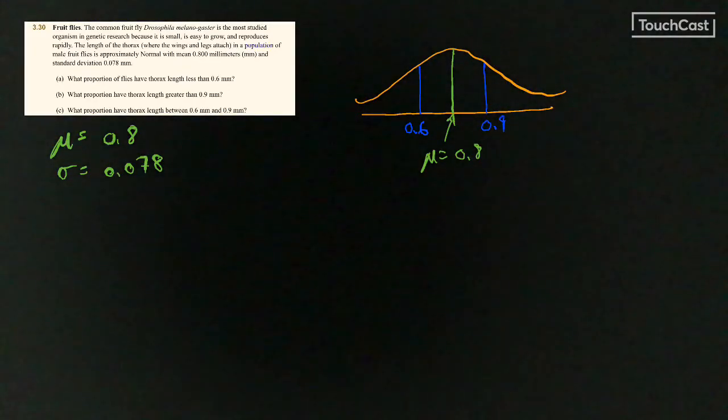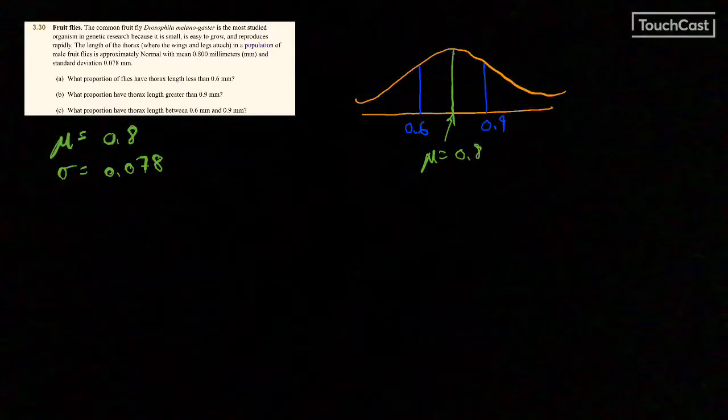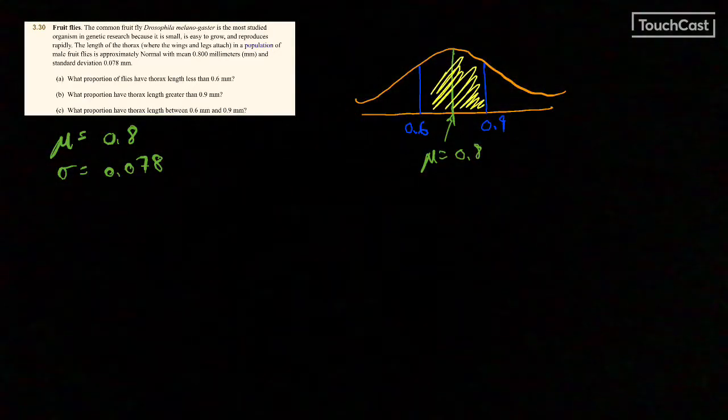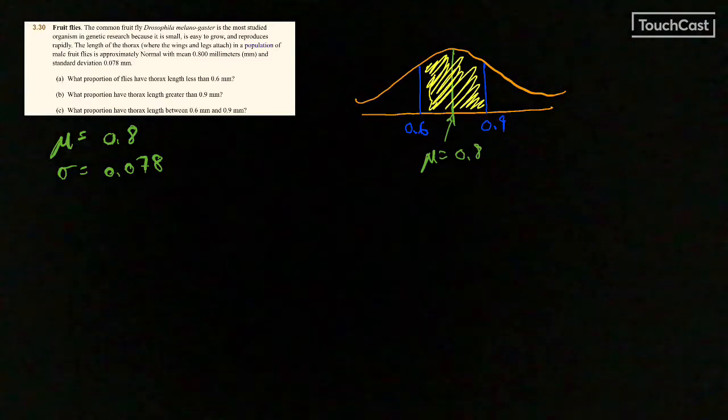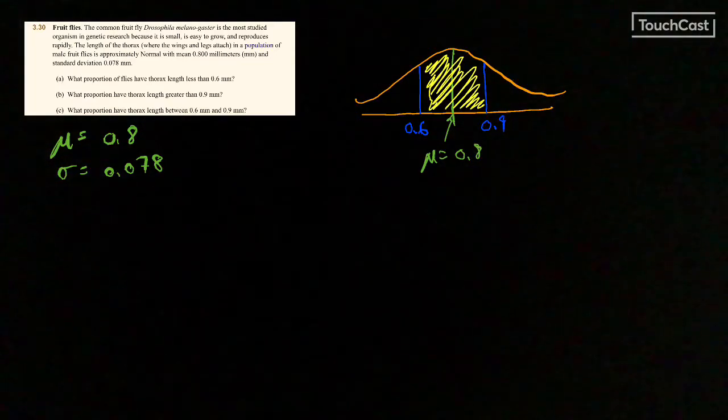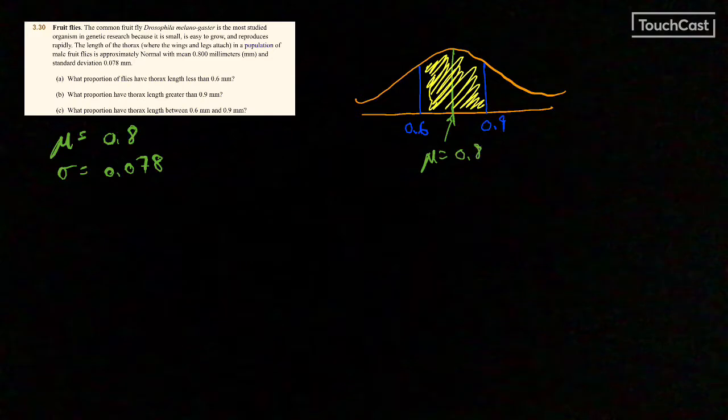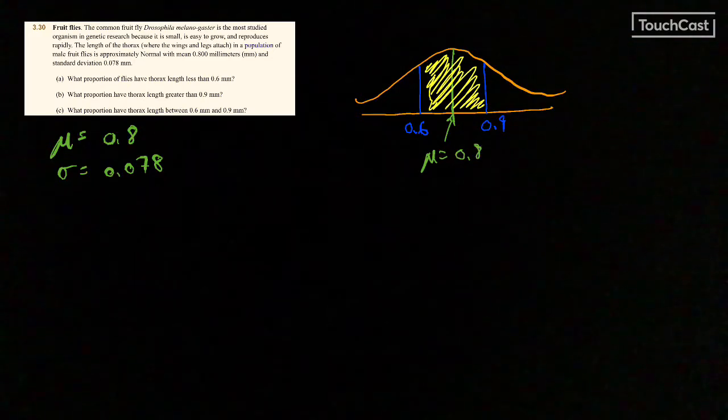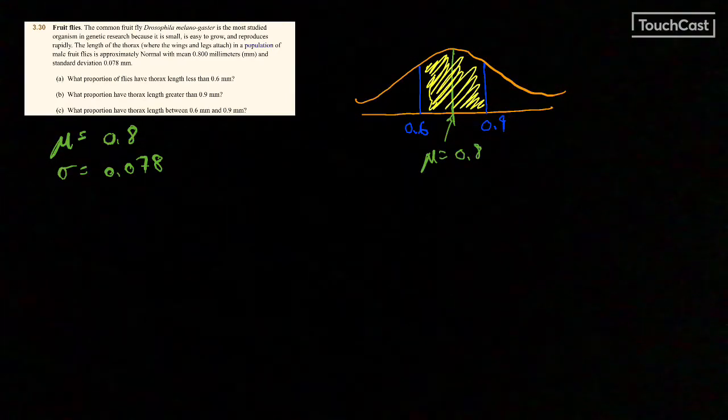And we're looking for the proportion that falls here. So in the two previous parts of the problem, we actually calculated these, and I've forgotten what the numbers were, but I think it was 0. For the first one it was 0.